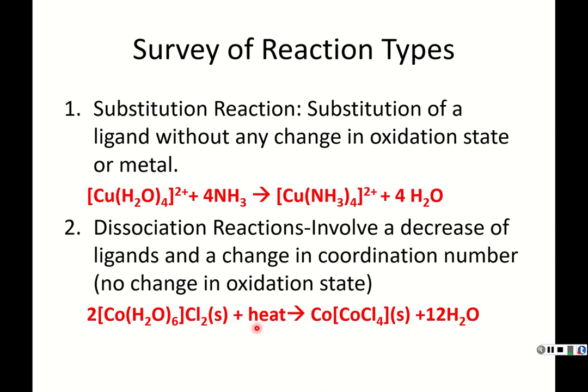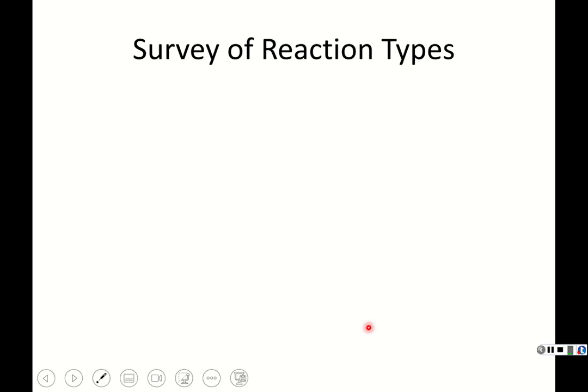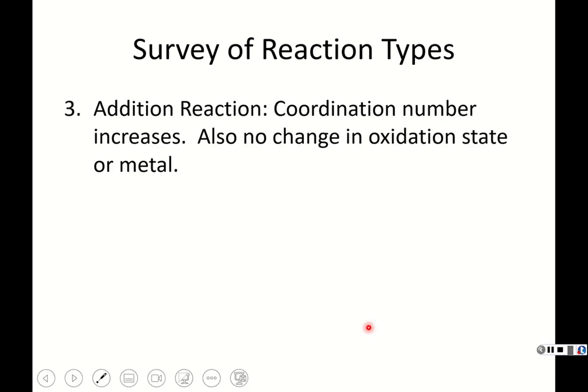You heat that up, and then you can get a dissociation of the water. So the water will leave, in this case, and it's replaced with chlorine, and the coordination number changes. So that's called a dissociation reaction.